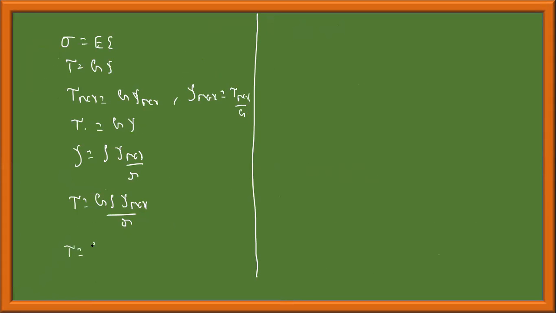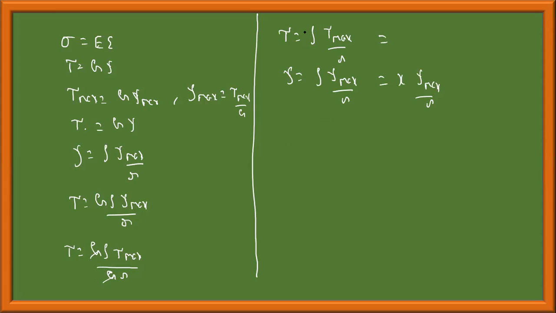Therefore, tau is equal to G into rho into tau max by G into R, or tau is equal to rho into tau max by R, similar to gamma is equal to rho into gamma max by R. This is also varying linearly, so shear stress tau is equal to rho into tau max by R. I will call this equation 2.